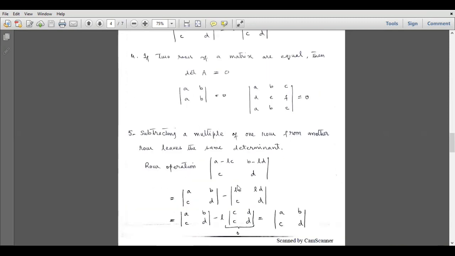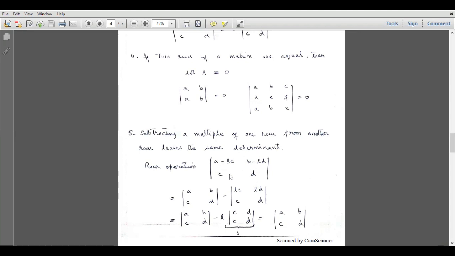And if we subtract a multiple of one row from another row, it will leave the same determinant. If we have A, B, C, D as the original matrix, and we multiply a scalar L with the second row and subtract the result from the first row, it will become A minus LC, B minus LD, and C, D are the entries of the second row.